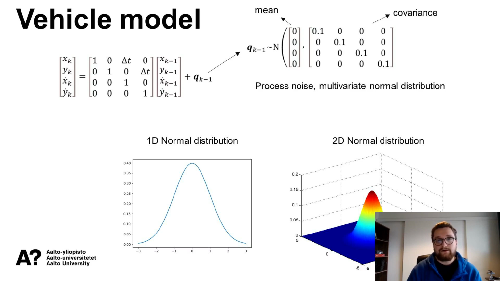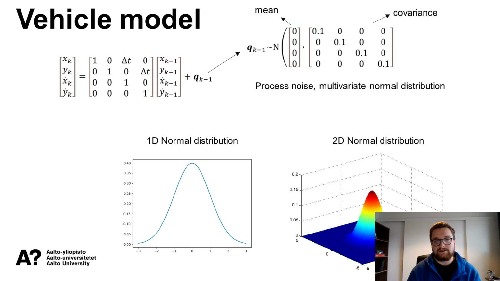So on the diagonal, we have the variance of each variable, and then the other sections in the matrix denote the covariance. But we are now making the assumption that all the variables in our state are independent of one another, and they all have this variance in them.